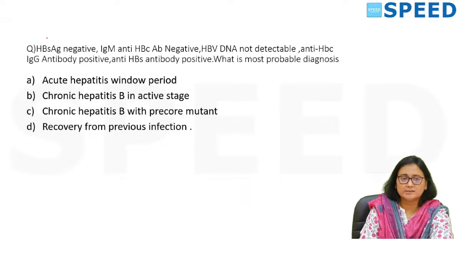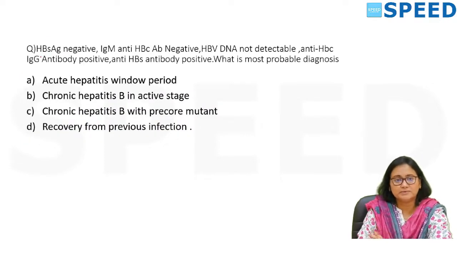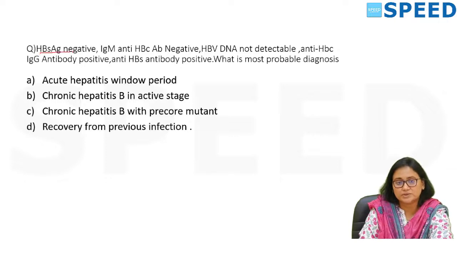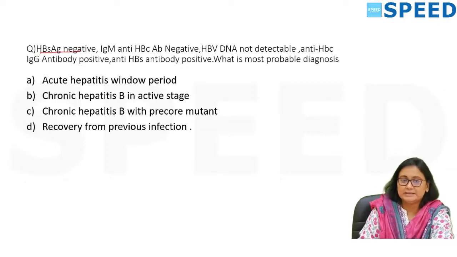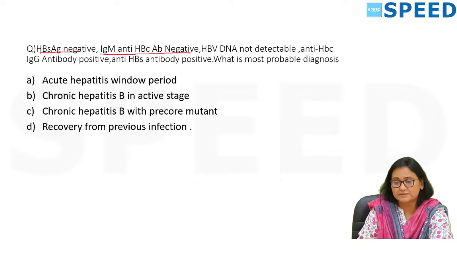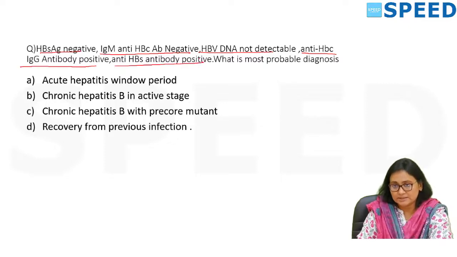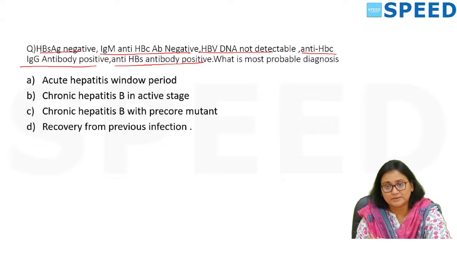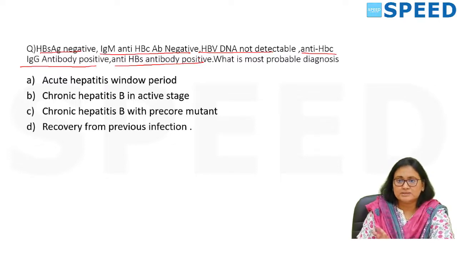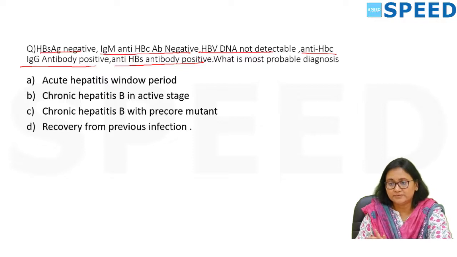So here is a case of a person with hepatitis B surface antigen negative, and he is having IgM anti-HBc antibody negative, hepatitis B DNA not detectable, anti-HBc IgG antibody is there, anti-HBs antibody is positive. What is your probable diagnosis? So you can see most of the markers are negative over here.